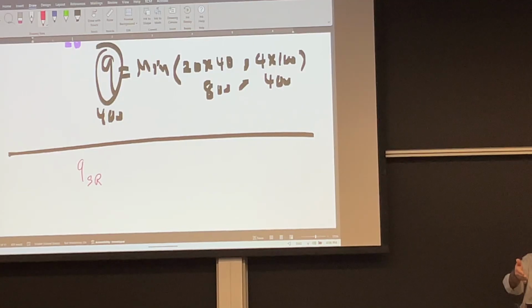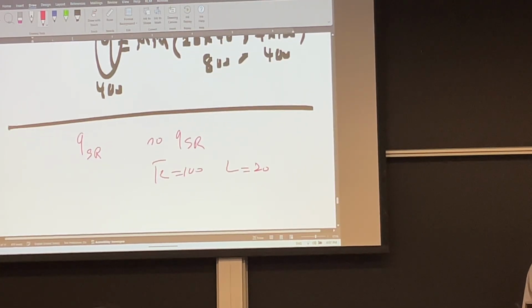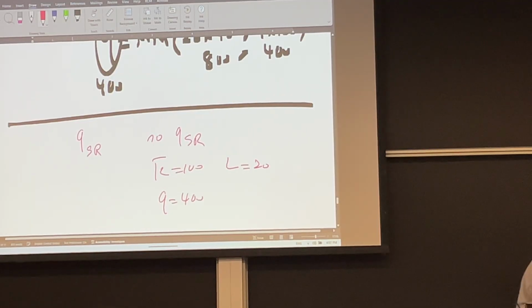But in the long term, if you fix the capital, you fix everything. In this case, you fix capital at 100, labor at 20, and output at 400. You cannot change the output because you cannot change the labor. No production function is defined in the short term. Make sense?